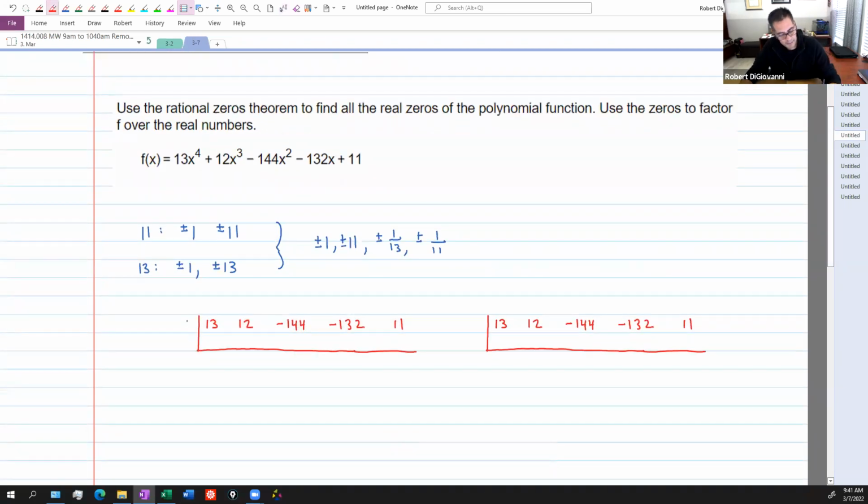Probably with 1. 1 times 13, that's 13. Add down, we get 25. Let's see, if I subtract, what am I going to get there? I can't do any math right now. Negative 119. Is that right?